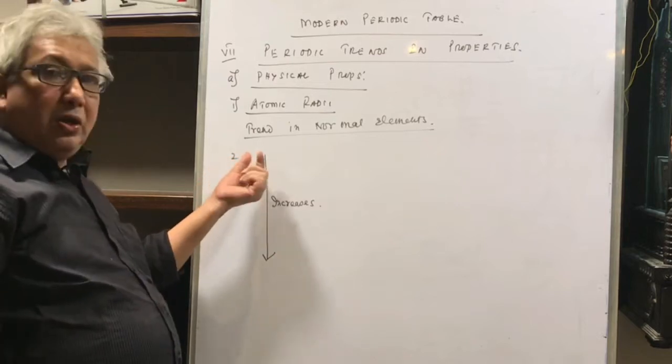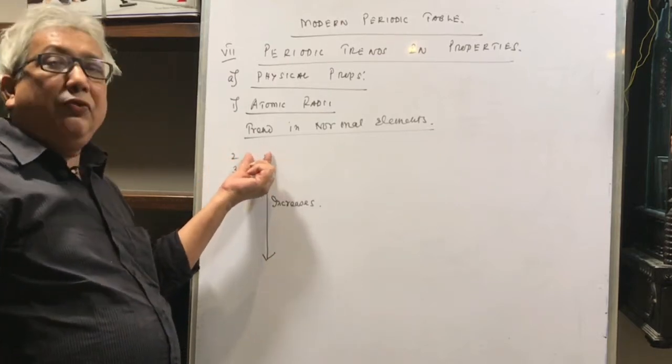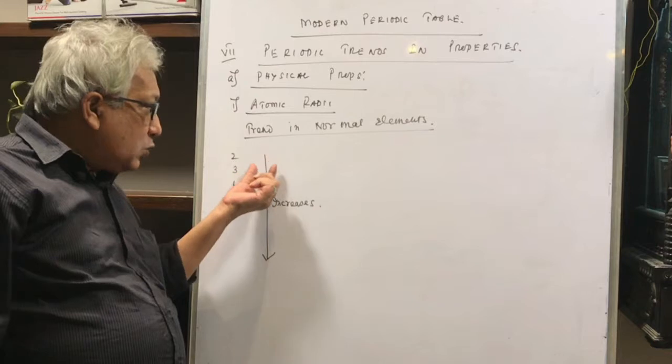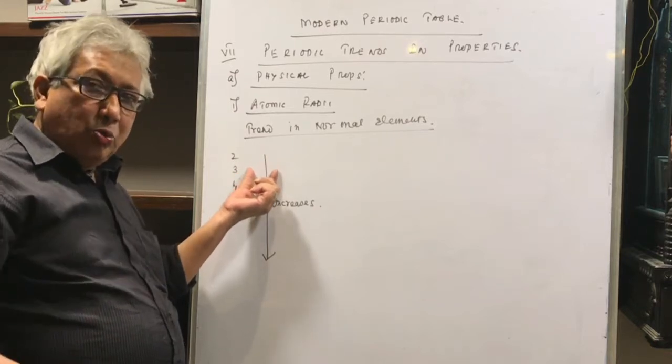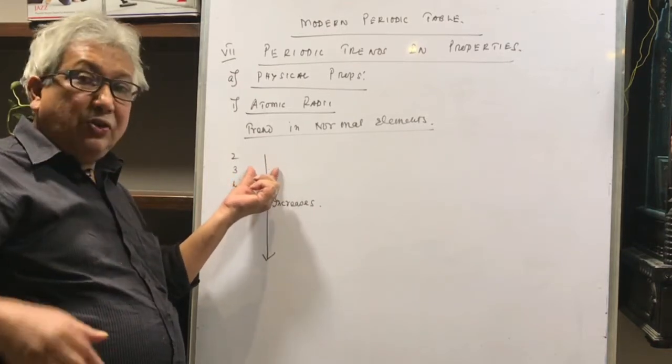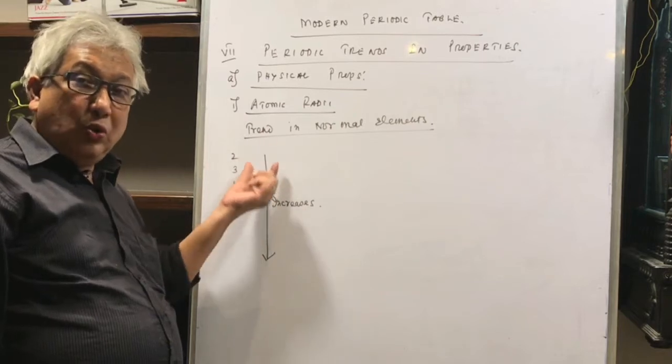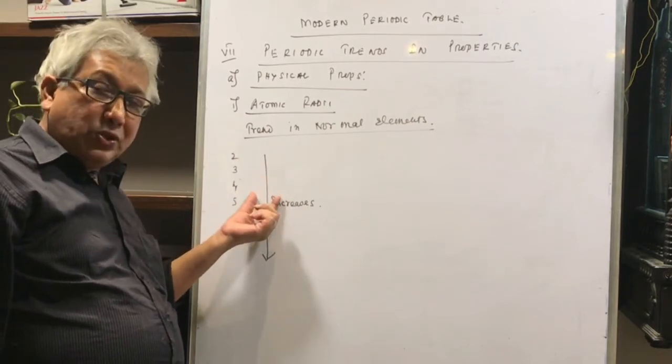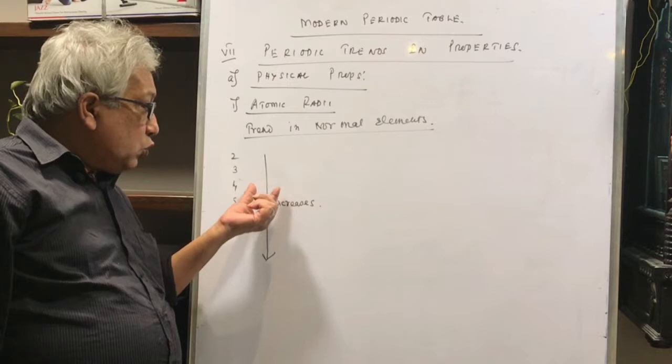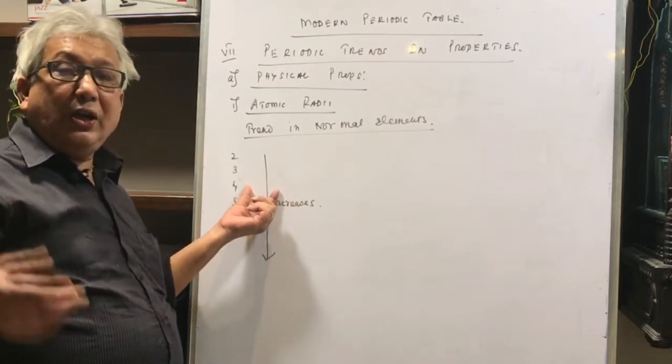In the second period, the outermost shell is the second shell. If you think of lithium, then next one sodium, the third shell is the outermost shell. The number of electrons has increased from 3 to 11. Then when you go to the fourth period, the fourth shell is the outermost shell, which you find in the case of potassium.